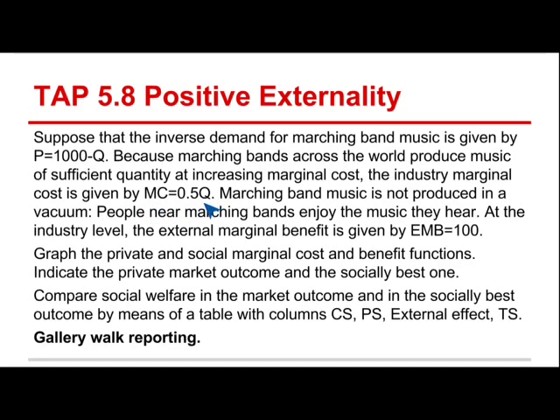Anyway, now the marginal private cost is given by 0.5Q, or Q over 2. And that's going to be the same as the marginal social cost because we've got no negative externality in this great state of Wisconsin. All right, well, let's do the algebra.